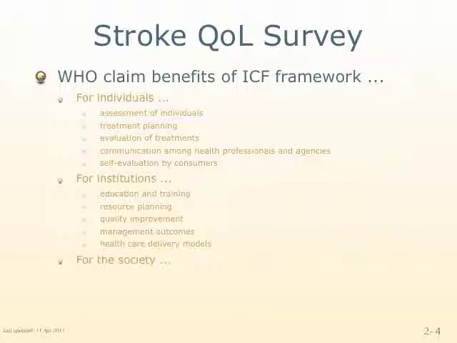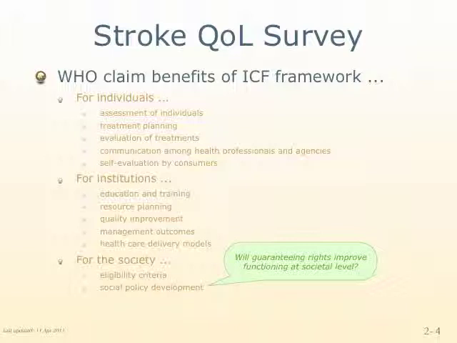And benefits for the society as a whole come in areas like eligibility criteria, when asking questions like, are eligibility criteria for disability pensions evidence-based? Social policy development, when asking questions like, will guaranteeing rights improve functioning at a societal level?